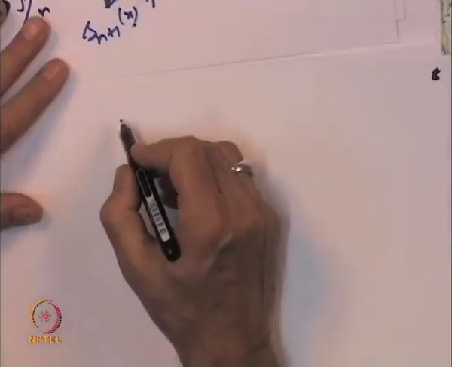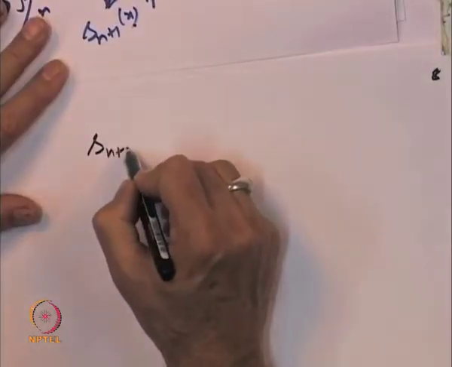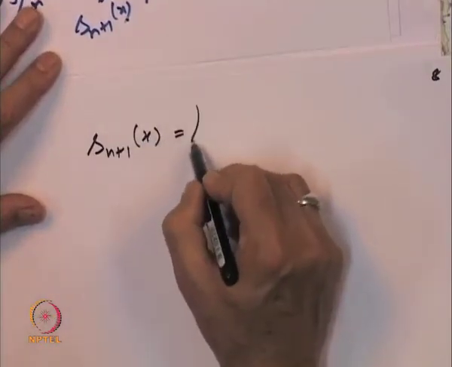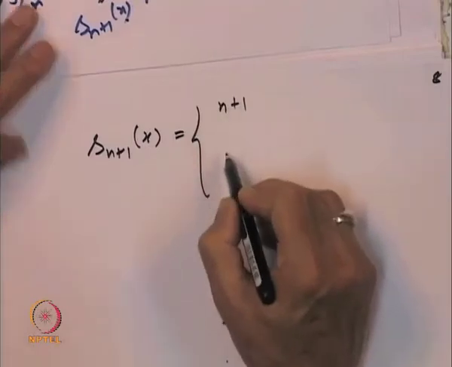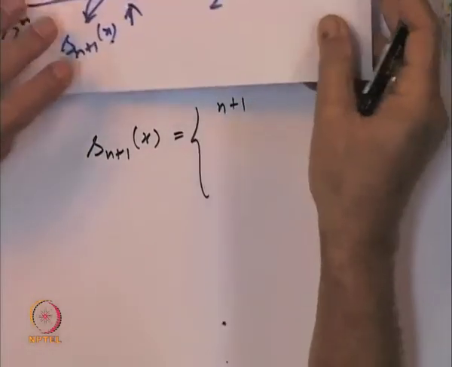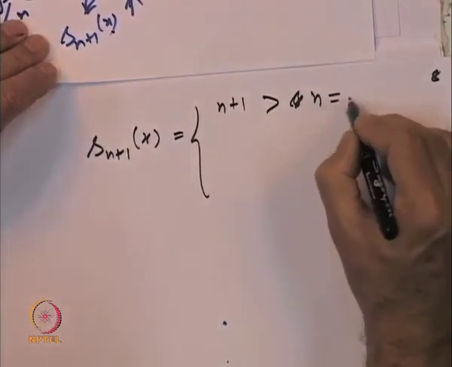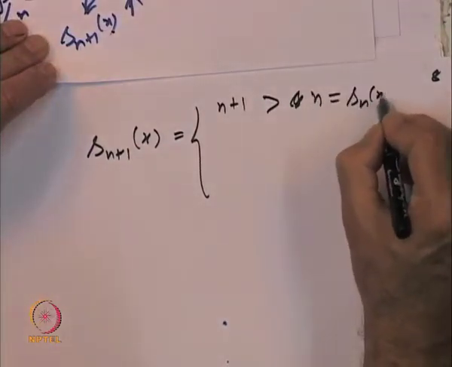So, in either case, S n plus 1 of x either will be n plus 1, which is bigger than n, which is equal to S n of x.